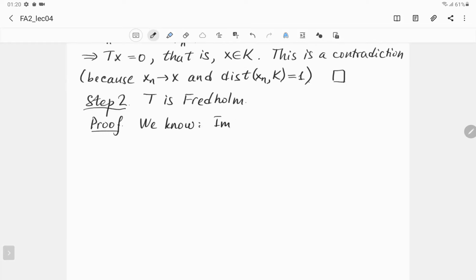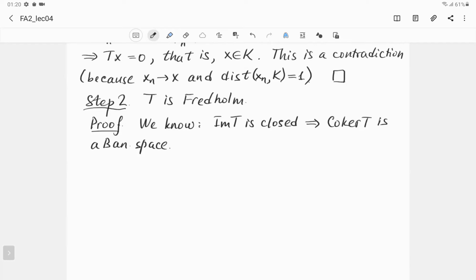So the cokernel of T is a Banach space. So we want to show that this cokernel is finite dimensional, because we already know that the kernel is finite dimensional. And we want to show that the cokernel is finite dimensional.